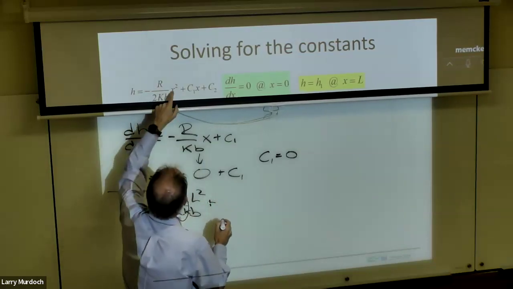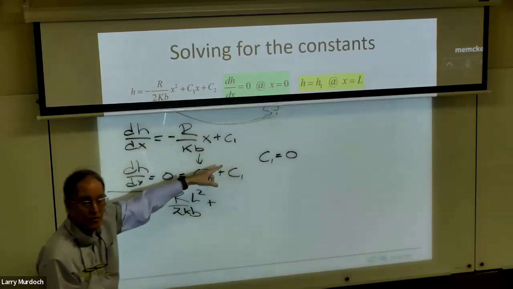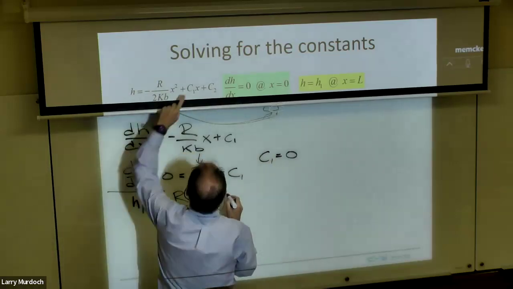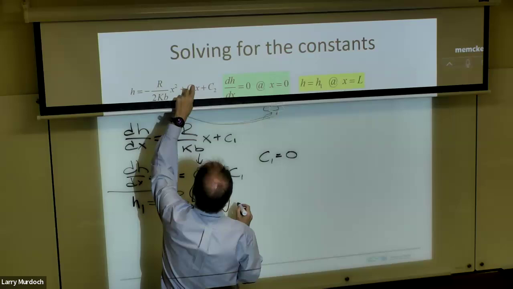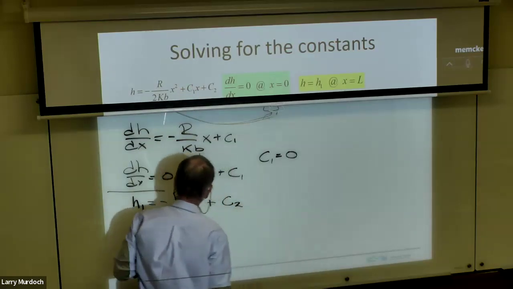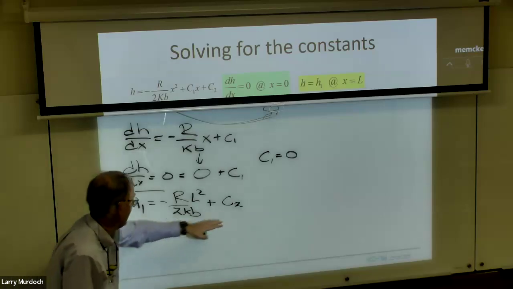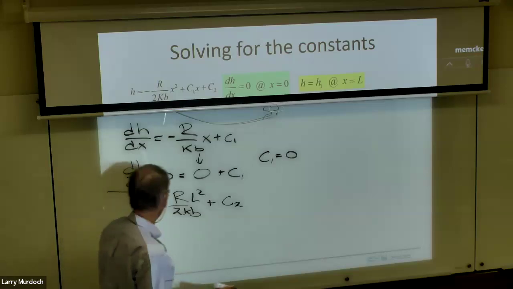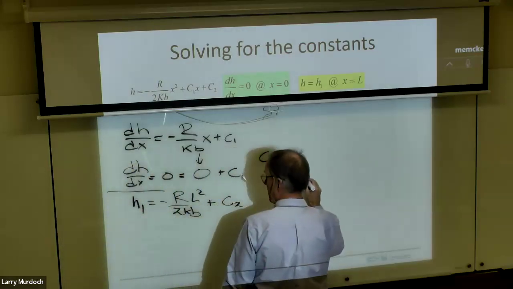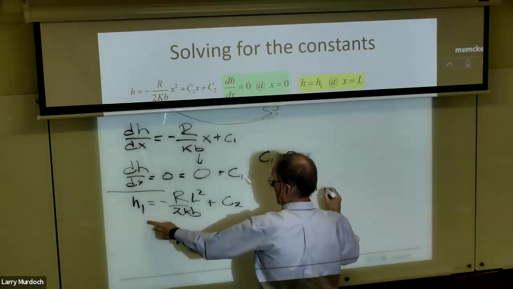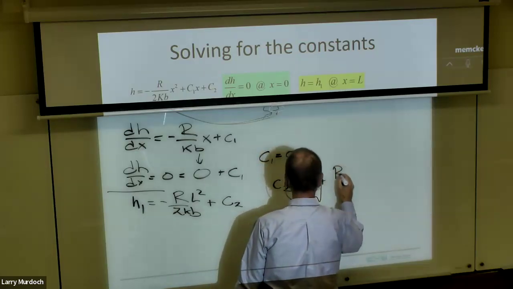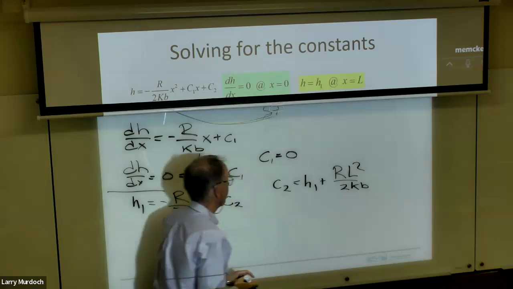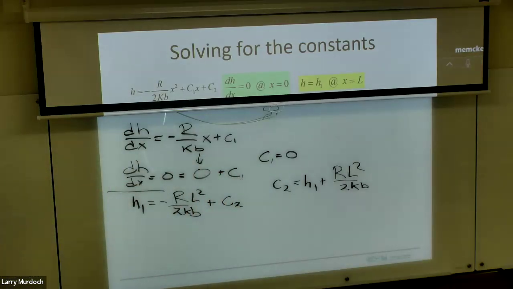And now we have C1 times L, but we already know that C1 is 0, so we can ignore that, and then we have C2. Okay, so we have to solve for C2. Looks like we just bring this over here. So C2 would be h1, we add that to both sides. Okay, so that's the constant.